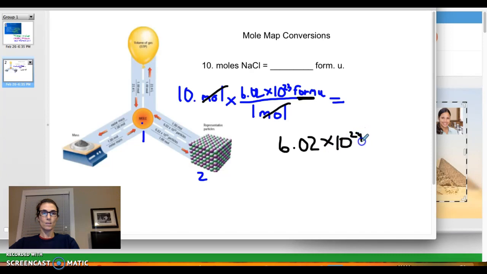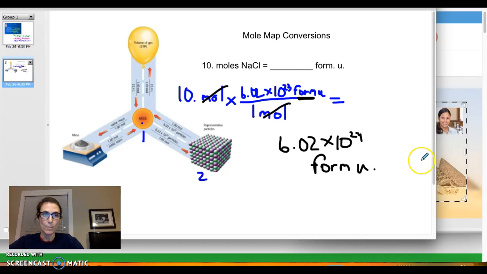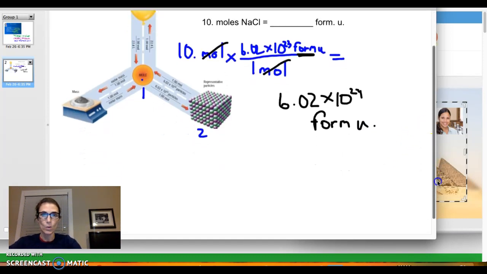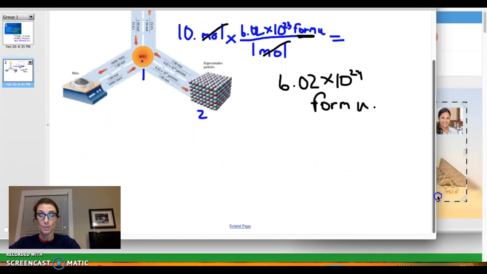And our units in this case are formula units. So that's how you would set up that problem.